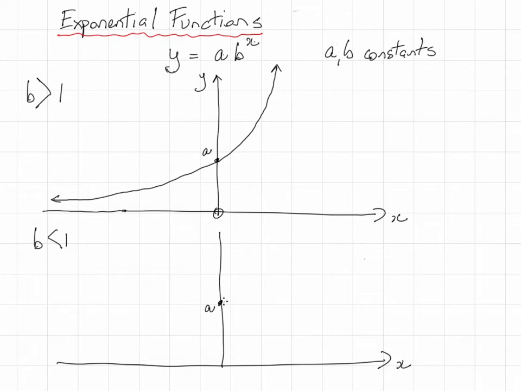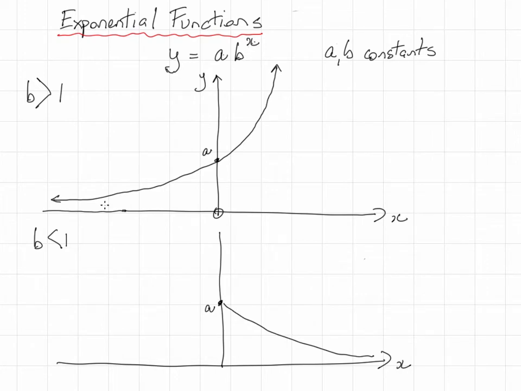Now, as x gets larger, think of a half to the power of 2 is a quarter, a half to the power of 3 is 1/8. So we're getting smaller and smaller and smaller, so we're getting down here. So the graph is going to look a little bit like this.